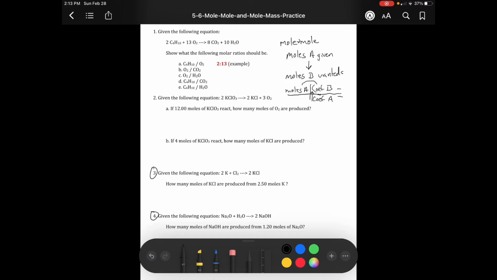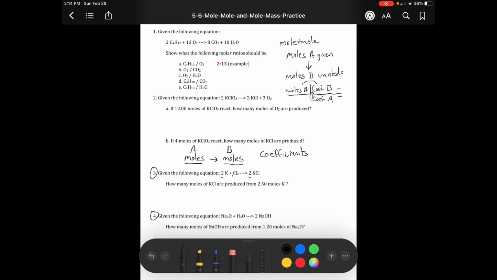So we are still looking to go from moles to moles. So moles A, substance A, to moles substance B. In order to go from moles to moles, we are going to use our coefficients. Simple coefficients. And we see our coefficients as the numbers in front of the atoms or molecules.